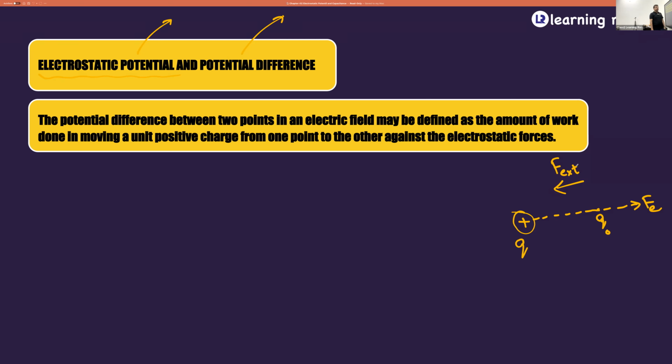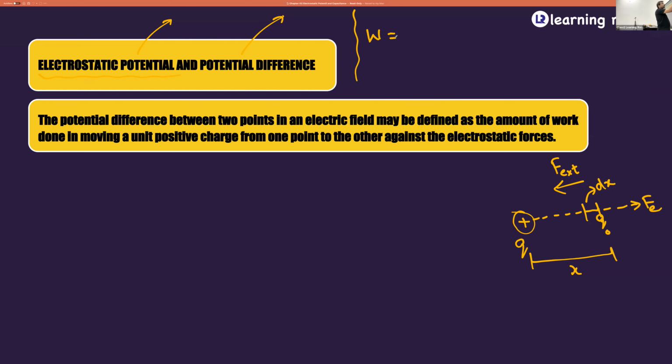Now, let us say the distance between the charges initially is x. With the help of this external force, let's say I have displaced this Q naught by a small distance dx. Listen to this carefully. When I talk about work done, the work done has two formulae.